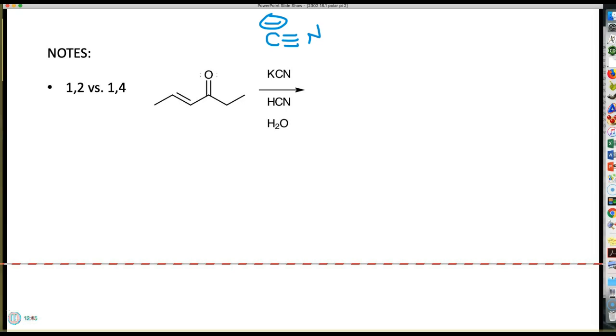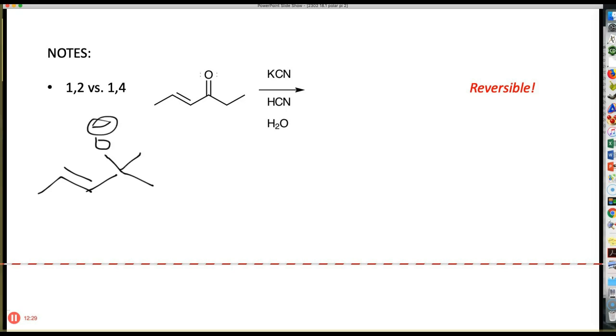Well, the story is that the CN anion adds reversibly because it's not actually that difficult to kick this puppy back out again.